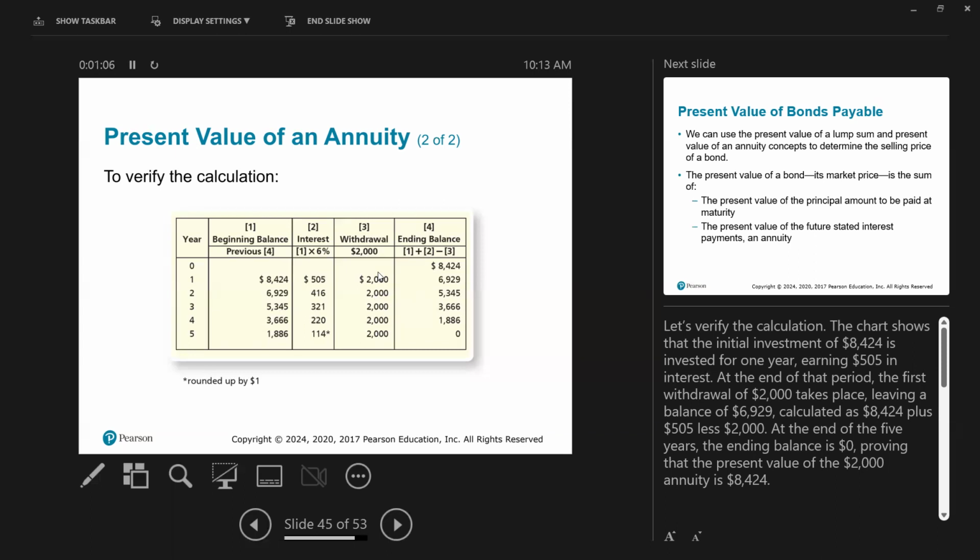So the present value of a stream of payments is the individual present values of each payment added together. So the present value table of an annuity calculates what a stream of payments will be worth in today's dollars. Okay.